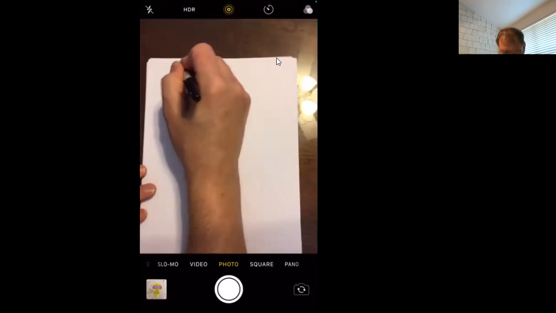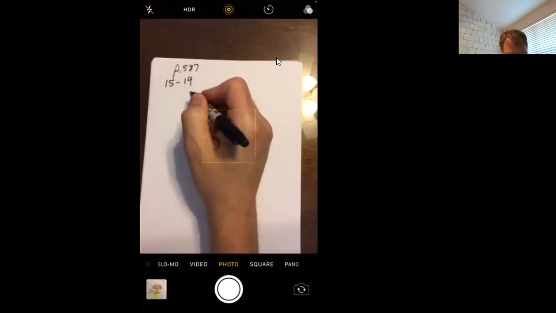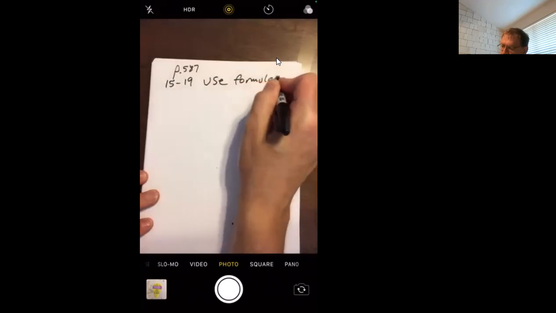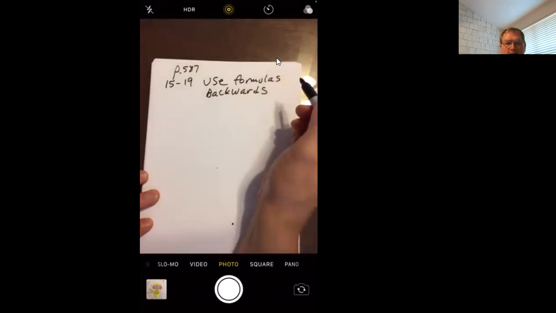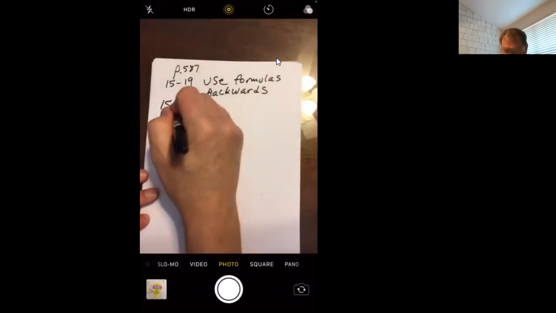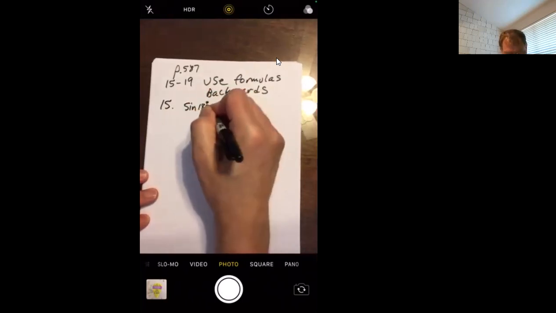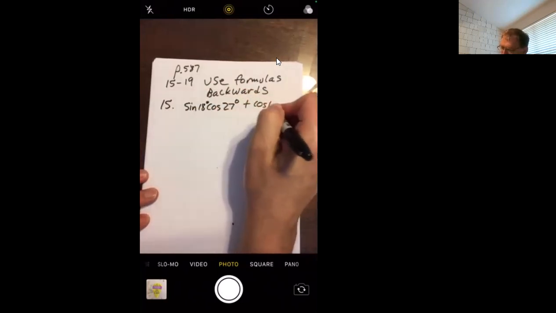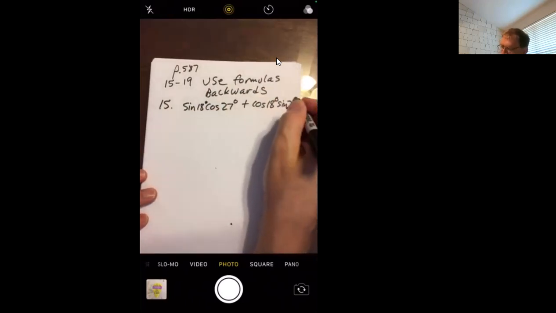Okay, for problems 15 to 19, still page 587, 15 to 19, they're using the formulas backwards. So if you go to like 15, you have sine 18 degrees, cosine 27 degrees, add cosine 18 degrees, sine 27 degrees.